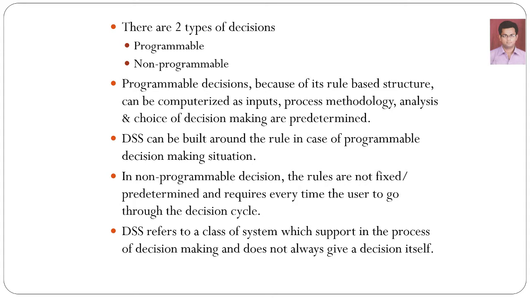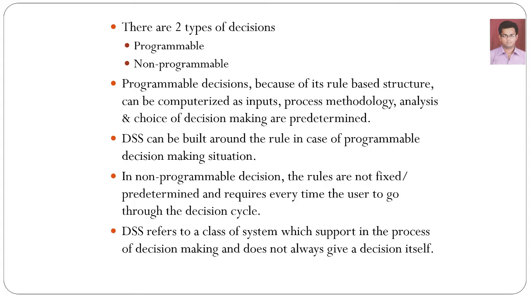There are two types of decisions, programmable and non-programmable. Programmable decisions, because of their rule-based structure, can be computerized, as inputs, process methodology, analysis, and choice of decision making are predetermined. DSS can be built around the rules in the case of programmable decision making situations.